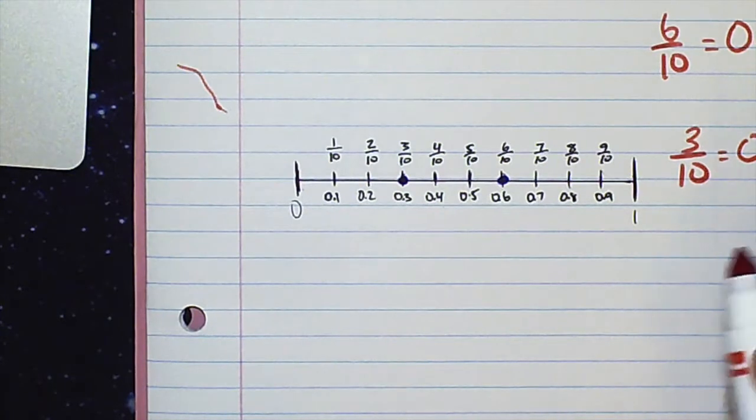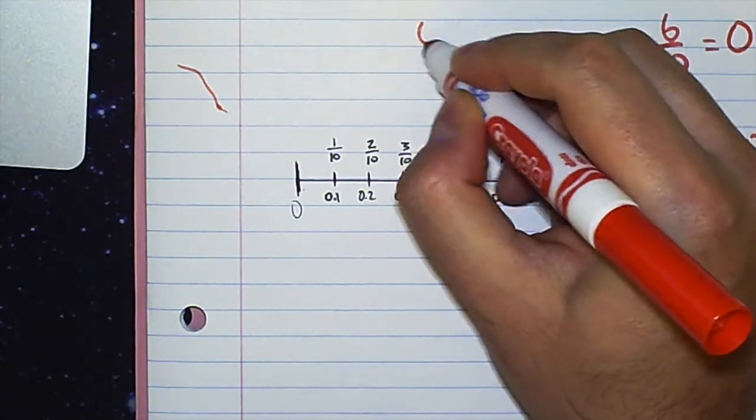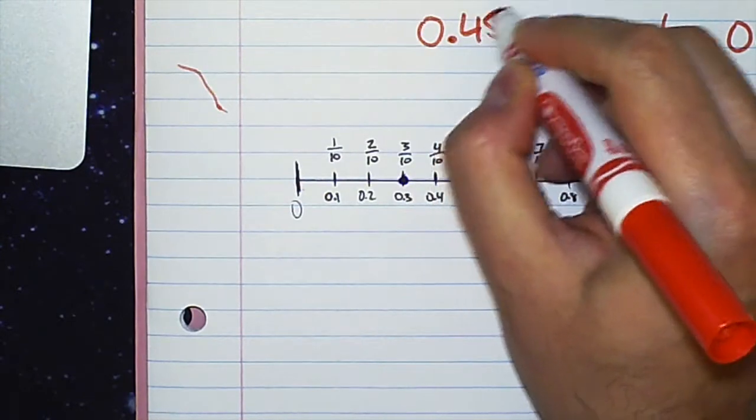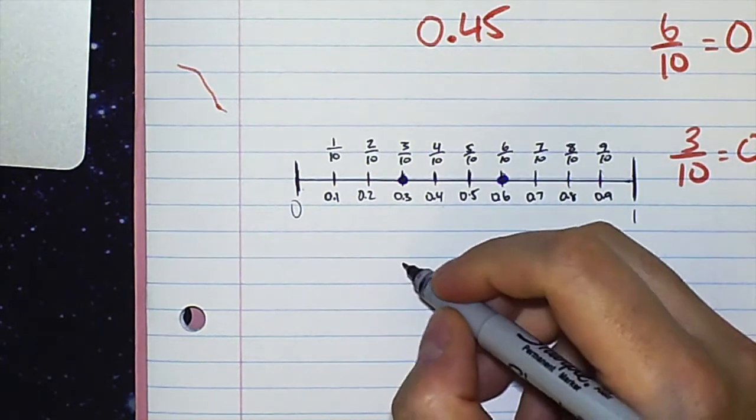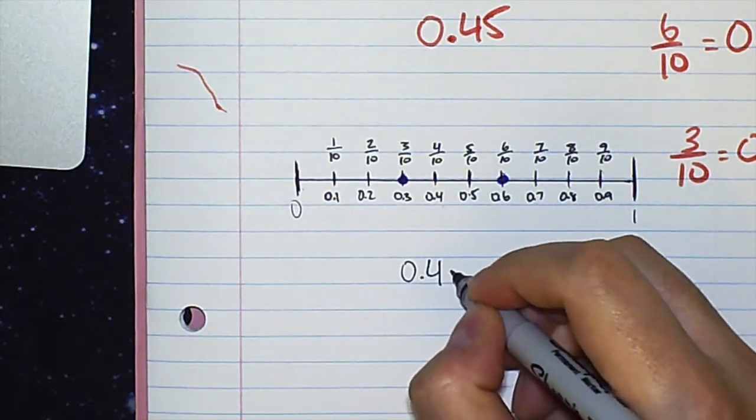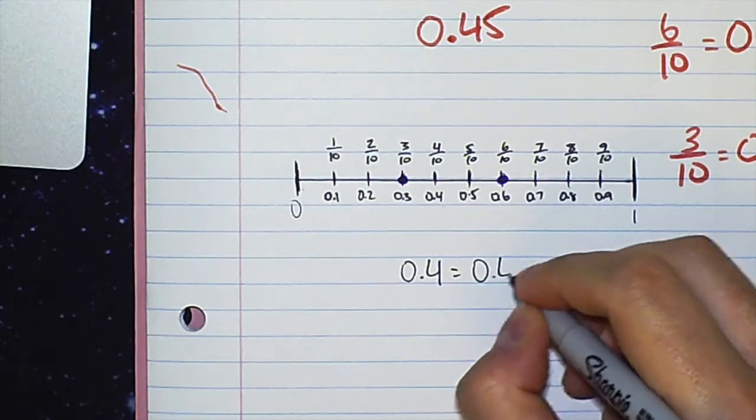Okay. Let's look at more challenging examples. Let's go with 0.45. Because we've added another place value here, there is no 0.45 visible to us right now, but we know that 0.4 is equal to 0.40.